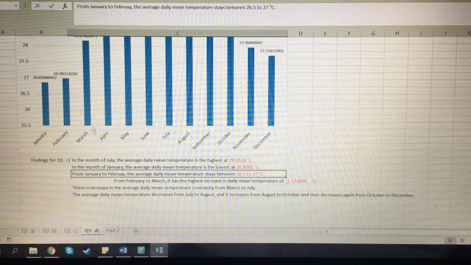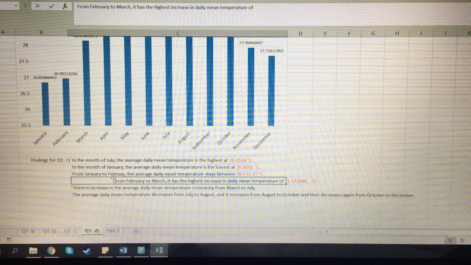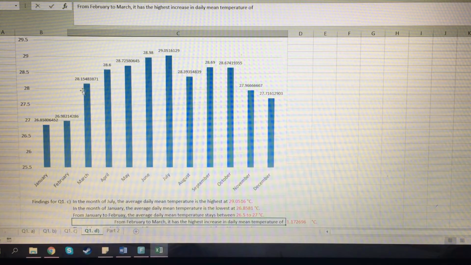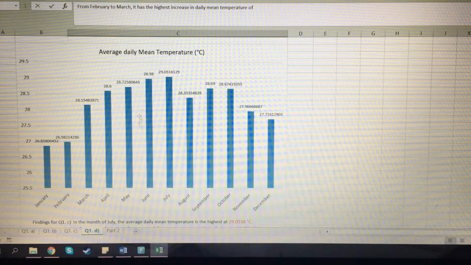And then from February to March, it has the highest increase in daily mean temperature of 1.17 to 696 degrees. February to March, so it obviously has the highest increase in the bar graph.